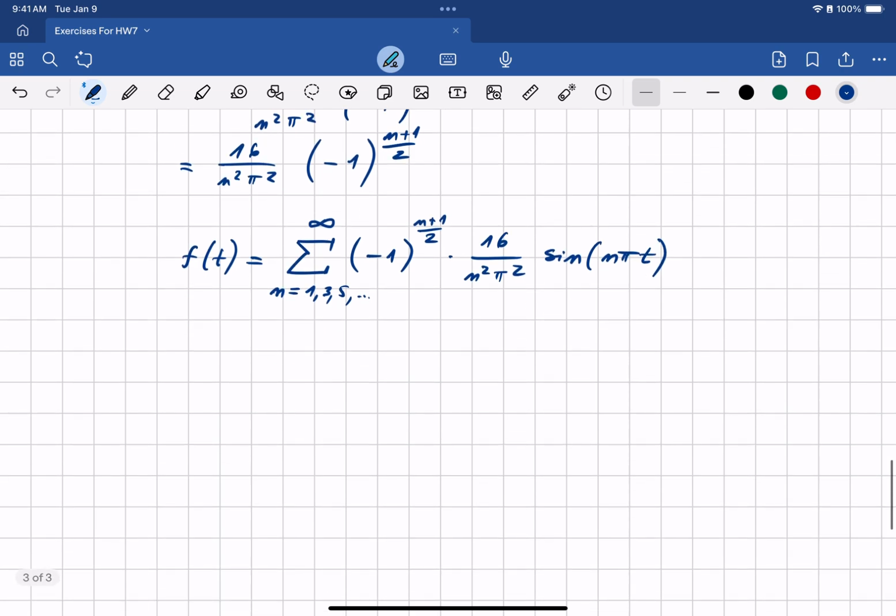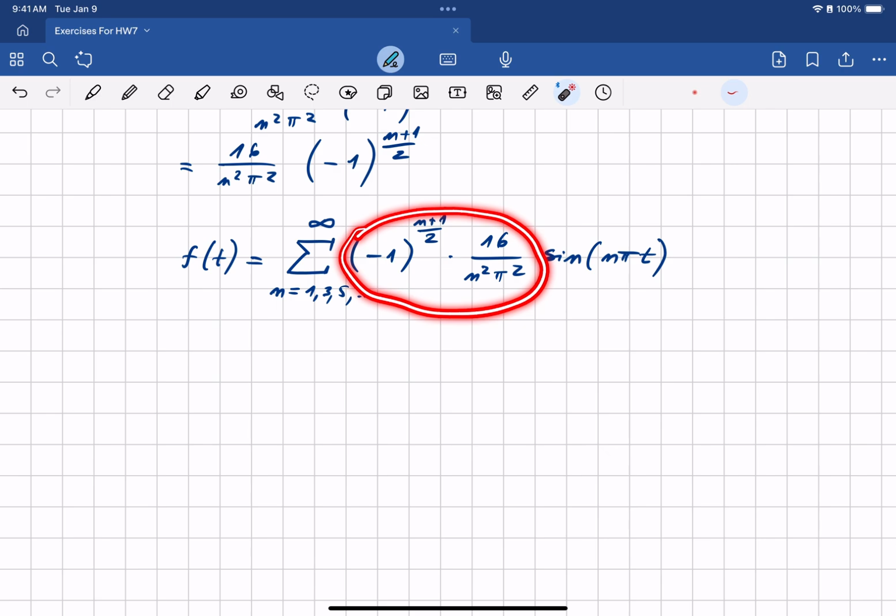That's the function represented as a sum of essentially its phasors, right? You can see that this thing is going to be the module, and this is going to be the frequency. The angle in this case is 0 every time. That's the module of that signal.